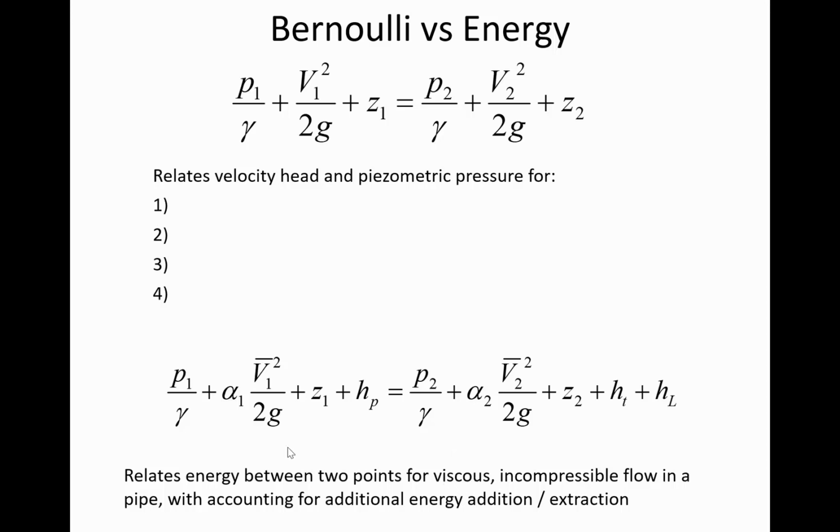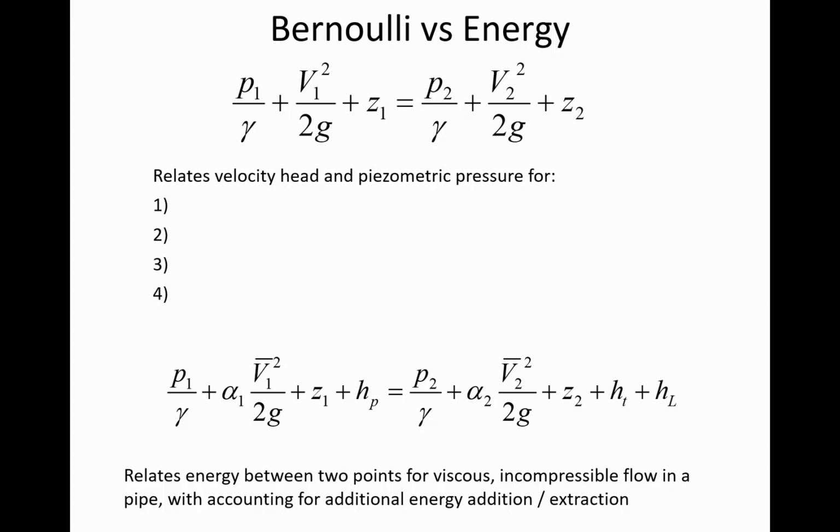What it also accounts for, there are additional terms on both the left-hand side of the equation, is a pump term, H sub P, and the right-hand side of the equation is the turbine term. And so that's what I mean when I say accounting for additional energy addition and extraction, between 2 points where we apply this equation.